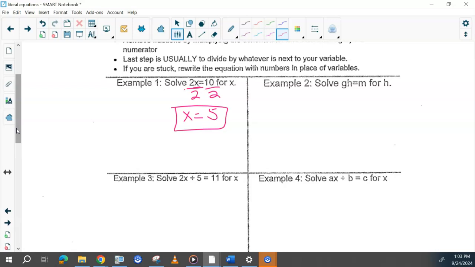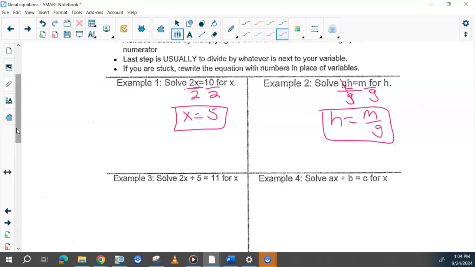How could we get h by itself? Divide both sides by g. So that these g's cancel, leaving just h, and then equals m over g. I have no idea what that represents or means, but if I had numbers for them, I could put them in, and then h would equal m over g.